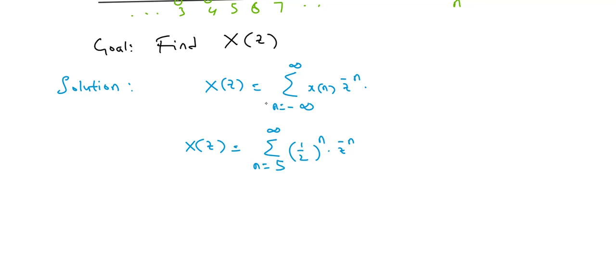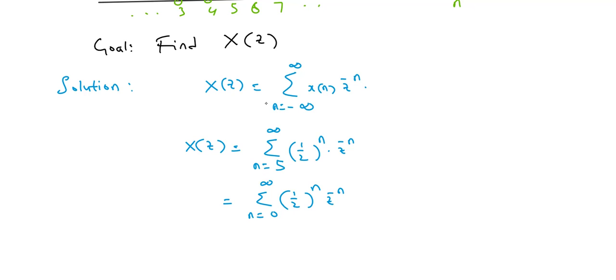Now this summation can be rewritten as follows. Let us complete the summation first, that is from n is equal to 0 to infinity 1 by 2 power n z power minus n. So this is a complete infinite series, and then we subtract the terms that are included to achieve this complete summation.